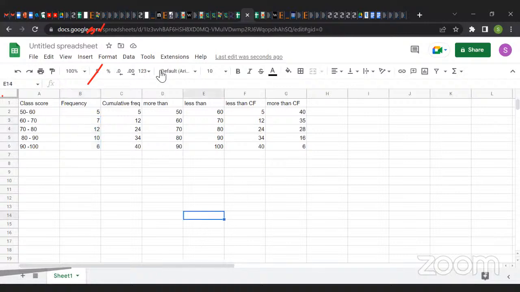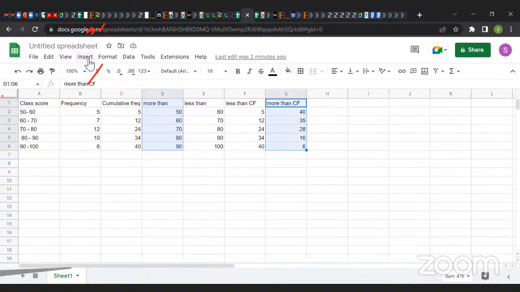So if I want to do the more than ogive, I will highlight more than, and then more than cumulative frequency. Oh, sorry. If I want to highlight it, I will highlight it this way and then hold Control to highlight the more than cumulative frequency.